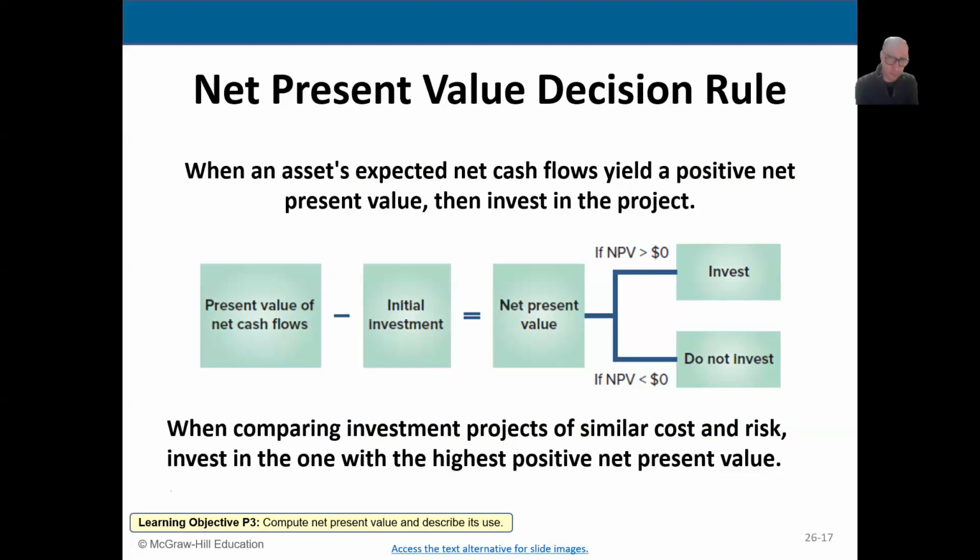There's a formula to figure this out: present value of net cash flows minus the initial investment equals the net present value. If it's greater than 0, we accept the offer or the investment. And if it's not, then we don't.